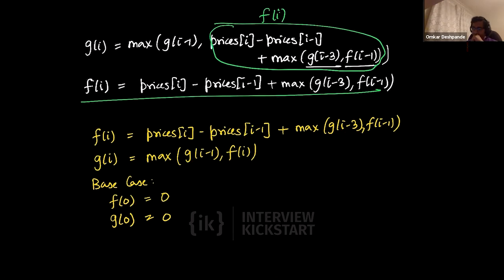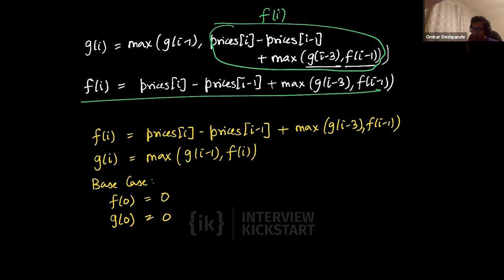So there are two ways to go about this. One is to write what f of 1 would be and what f of 2 would be. In fact, if you want to think about what it should be intuitively, you would guess that it would be a single transaction that ends at 1 or ends at 2 and captures as much profit as possible.